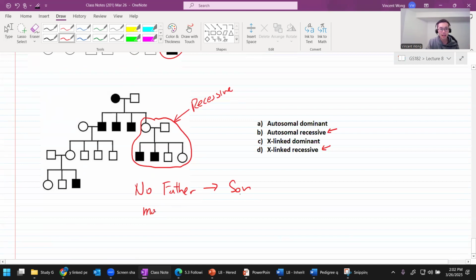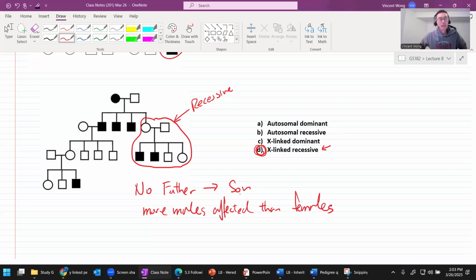So more males affected than females, so it is going to be X-linked recessive. Whereas if you see roughly equal numbers of males and females, then it's going to be autosomal. Autosomal can come from both father or mother. There's no restriction.